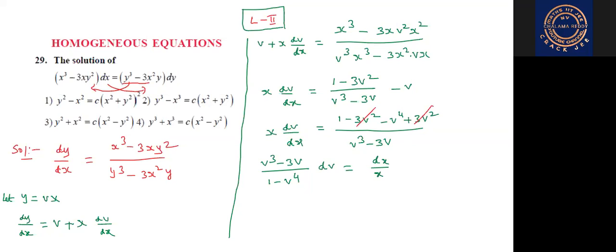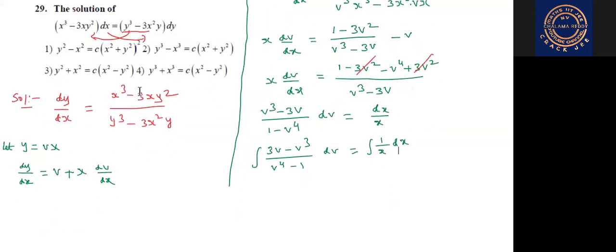So here numerator and denominator, I am going to take a minus common. So we get like this, 3v minus v cube divided by v power 4 minus 1 dv, that is equal to integration 1 by x dx. Now students, how to do the integration?